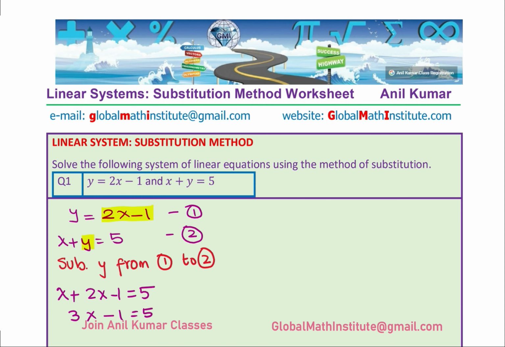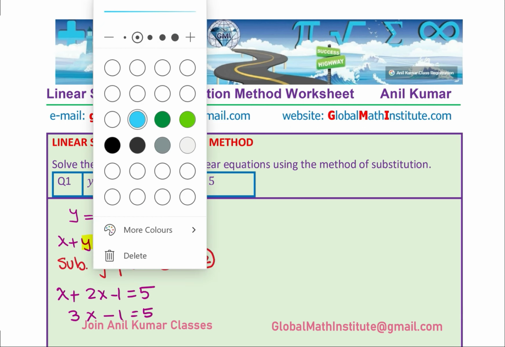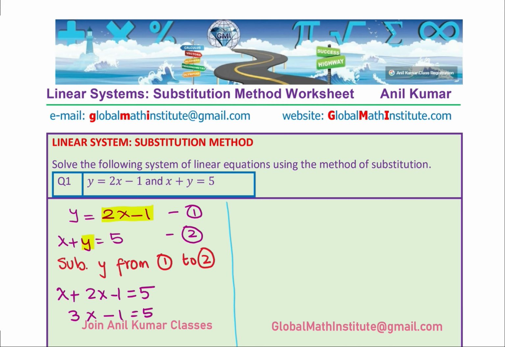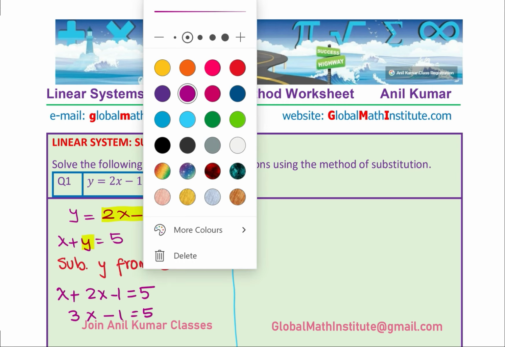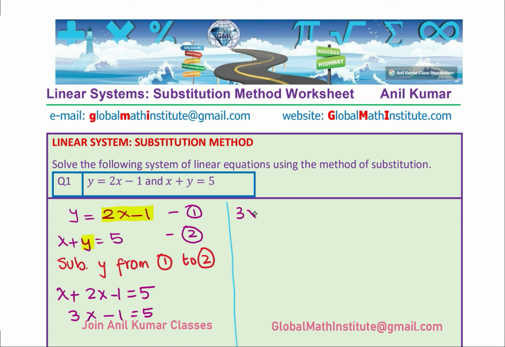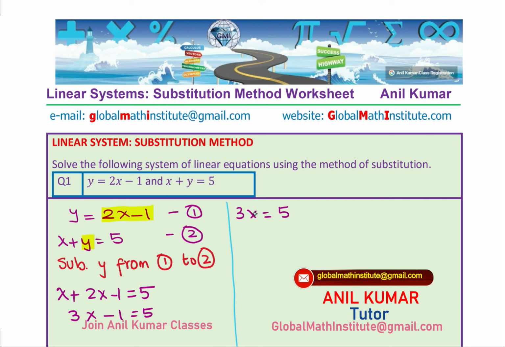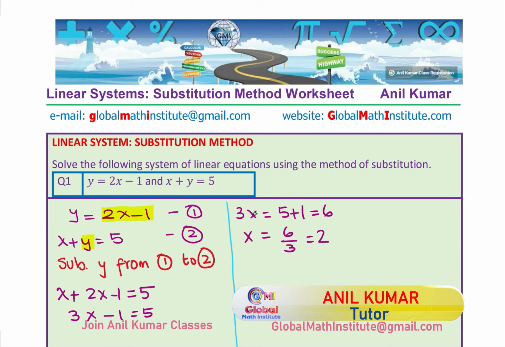Correct? Now you can rearrange and find the value of x. So we get 3x equals 5 plus 1, which is 6, or x is equal to 6 over 3, which is 2, correct? Once you find the value of x, which is 2, you can find the value of y.